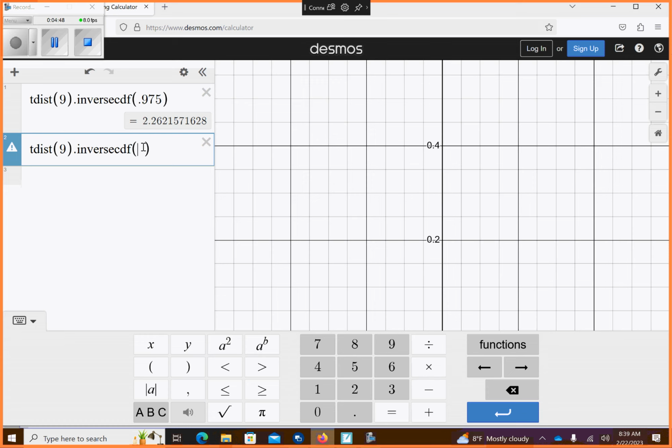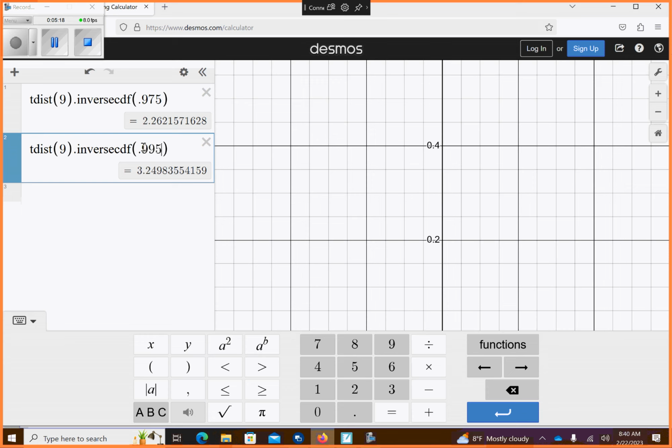And my halfway to 100 from 99% is 99.5, so 0.995. Okay, so just need to jot that down real quick. So 2.26 and 3.25. Okay, so that's based on our two different confidence intervals.